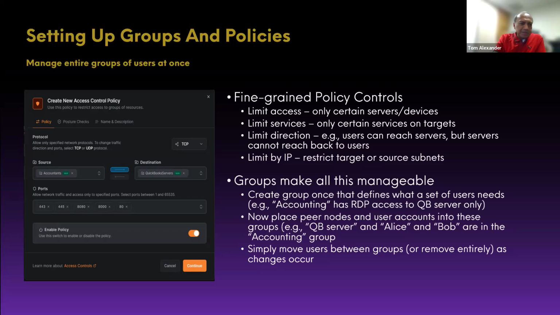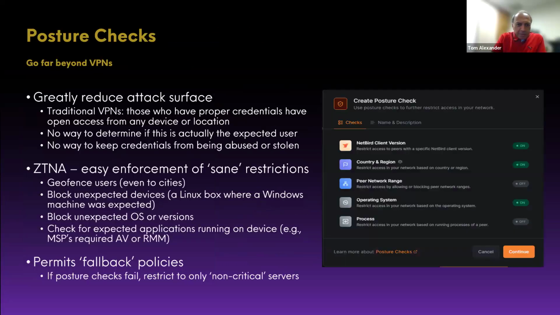Again, all this is done by groups. You can set up a group which has these policies attached, and then dropping nodes into the group will automatically apply those policies. I mentioned posture checks. That is also similarly set up. It is a great way to reduce the attack surface, basically. You can enforce things like geofencing.